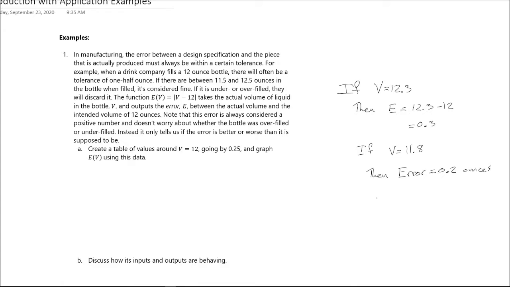So if I did 11.8 minus 12, this would give us a negative 0.2. And so to adjust for that, we would say that the error equals a positive 0.2, and that's the absolute value of the 11.8 minus the 12. While it's possible to do the subtraction first and then say, well, the error is just the positive version of that number, that actually is taking the absolute value after we've done subtraction.